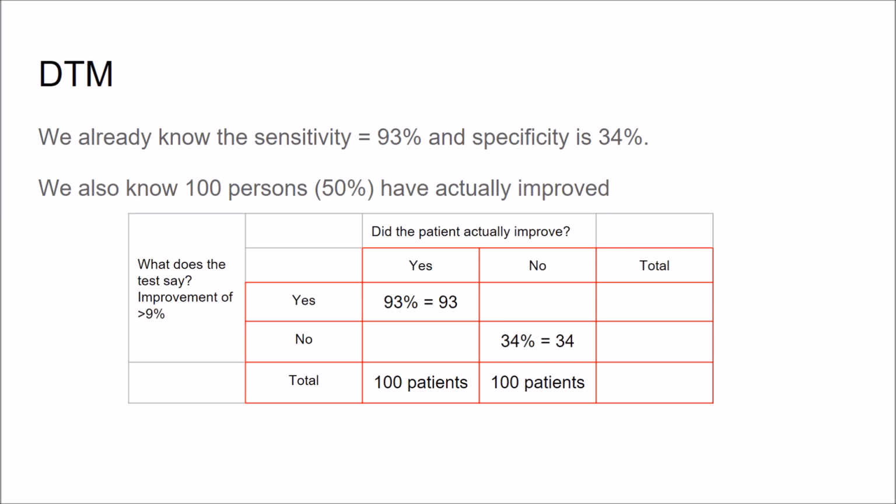That gives you 34 patients. Using the same principle that we did for the research, we can now put all the numbers into the different boxes, and this particular slide shows you all the different numbers, and they all add up to a grand total of 200 patients.